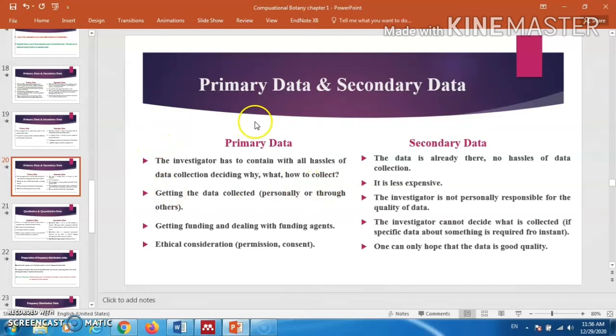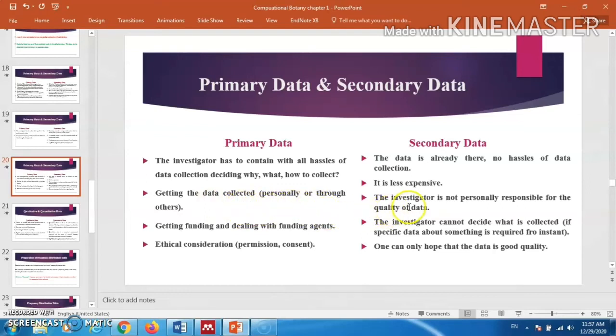They can simply refer to your primary data as secondary data. So whatever hassles you had while collecting the data, there is no effort; collecting secondary data is just an effortless process like this.